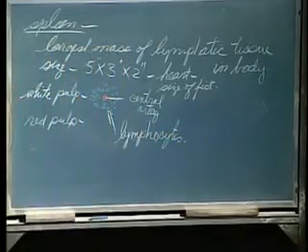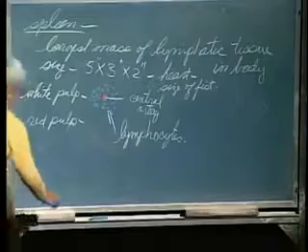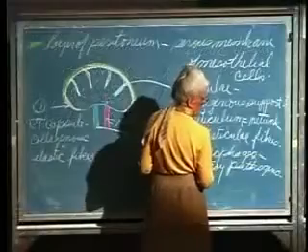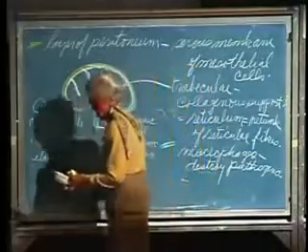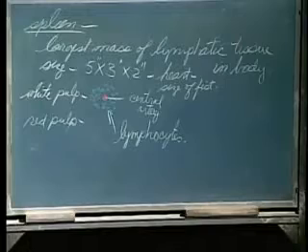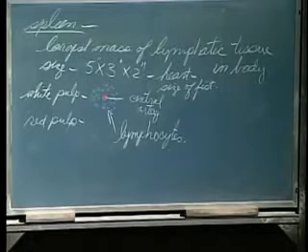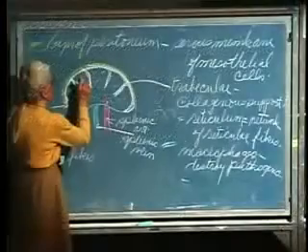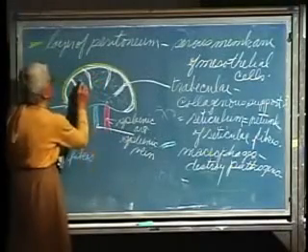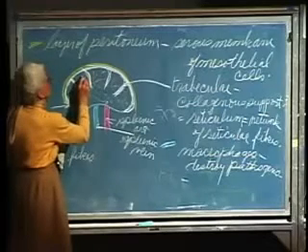So we'll see the white pulp up here in the cortex of the kidney-shaped spleen.